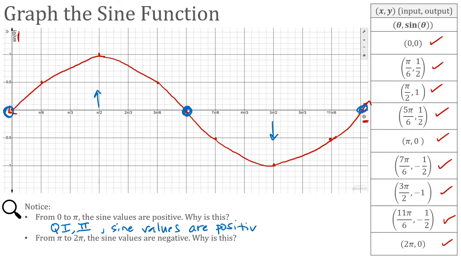Then from pi to 2 pi, that's quadrant 3 and quadrant 4, and that is where the sine values are negative. So it's all coming from that unit circle that we studied earlier. If you forget what this picture looks like, you can always go back to that as a resource.